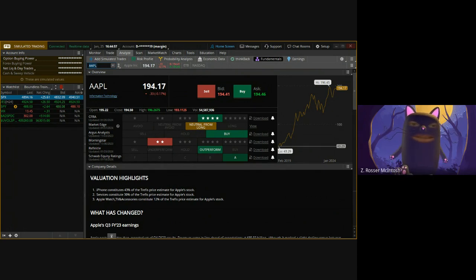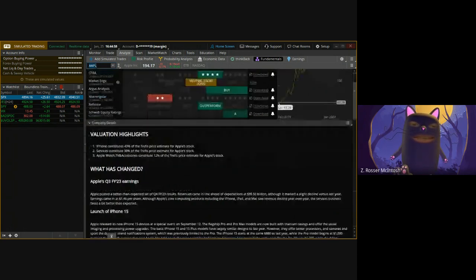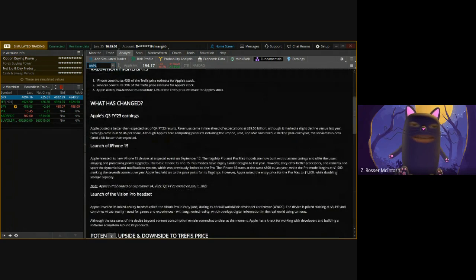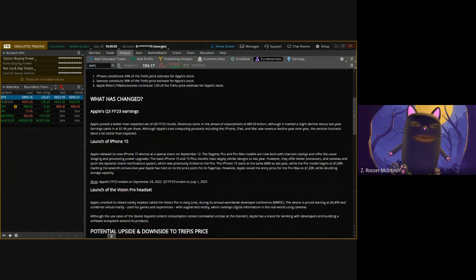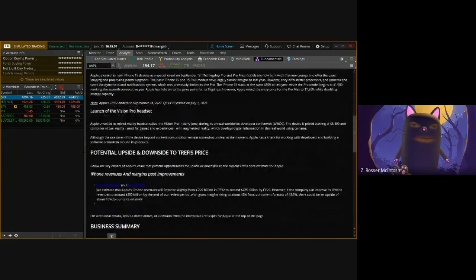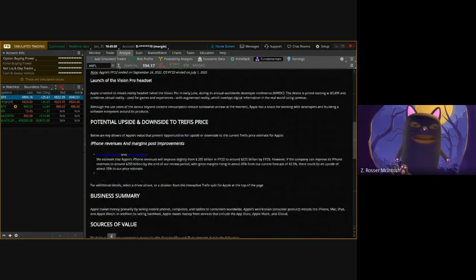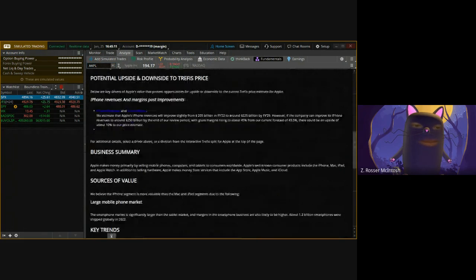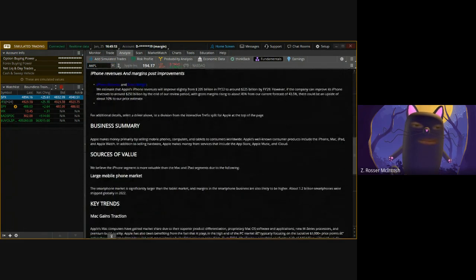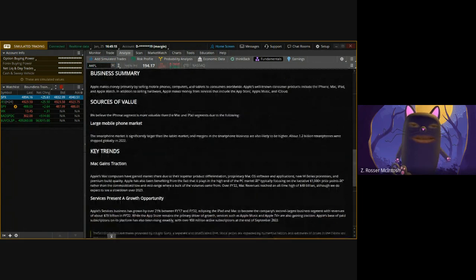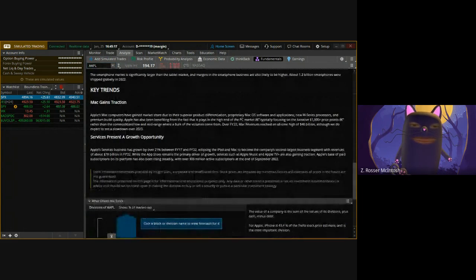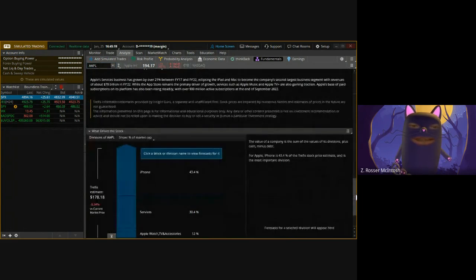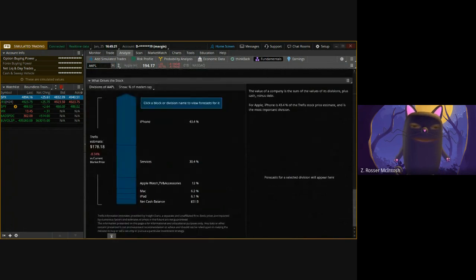Then we can scroll down and see news and anticipated things. You can scroll down more and see things like the market share.